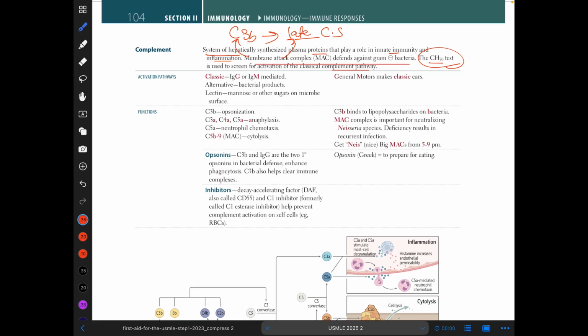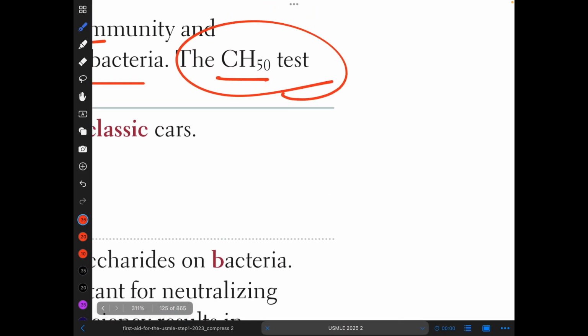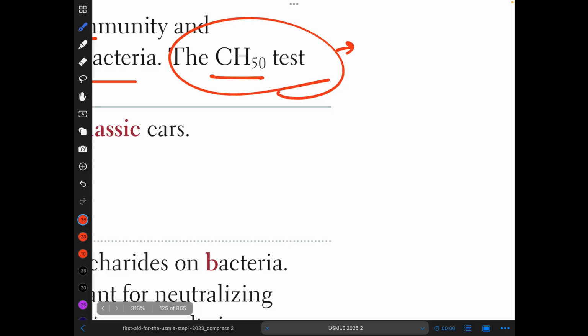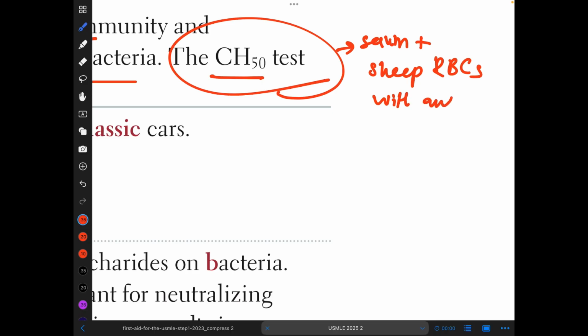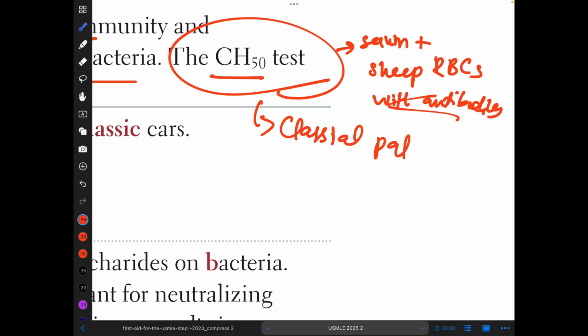The CH50 is used to detect the complement system. In it, the patient serum is added to sheep RBCs with antibodies. That is the classical pathway, and it needs all complement factors for a normal result.